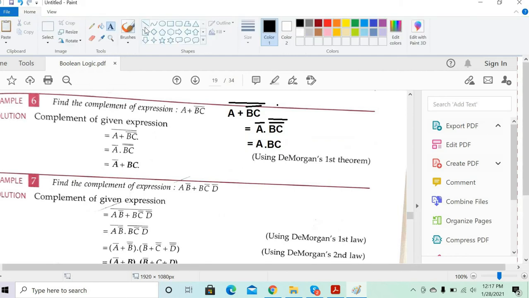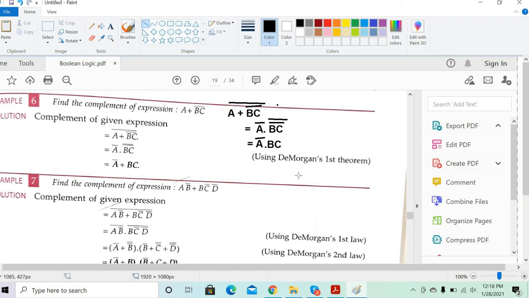A complement dot BC. Basically, a double complement means it's the same thing only, right? Yeah. Double complement means it's the same thing.